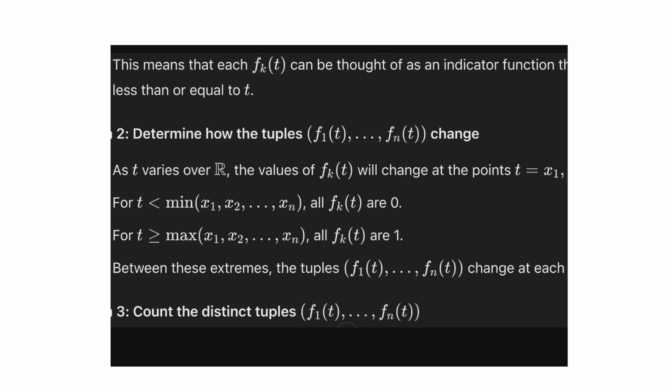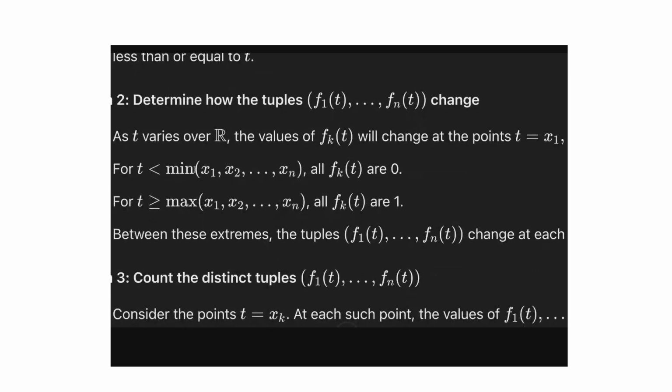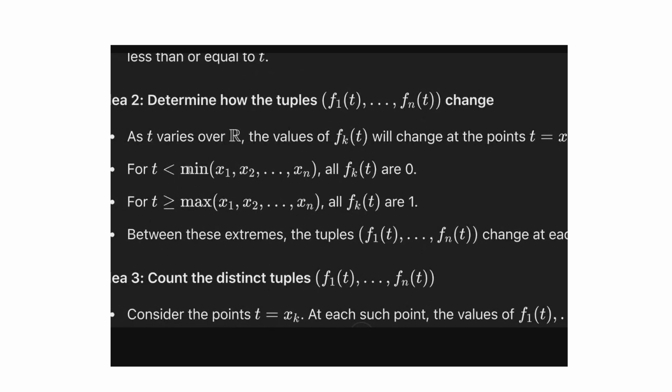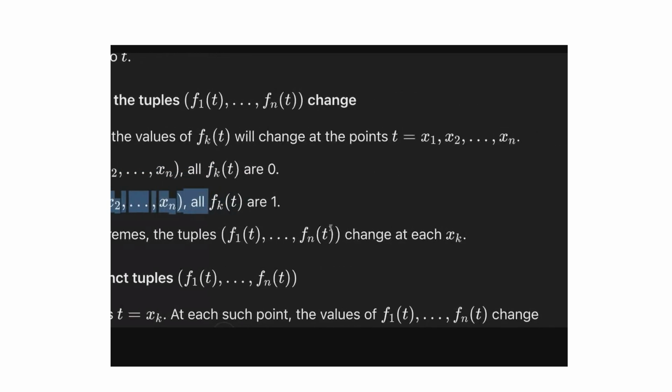Where it's incorrect, your job is to make it mathematically correct, and its job is to be creative and give you ideas, generating ideas and processes faster. And that's where you go together to write the solution. It's pretty good, saying that at the minimum of the x_k, all f_k(t) are 0, and at the maximum, they are all 1. Between these extremes, the tuple changes.